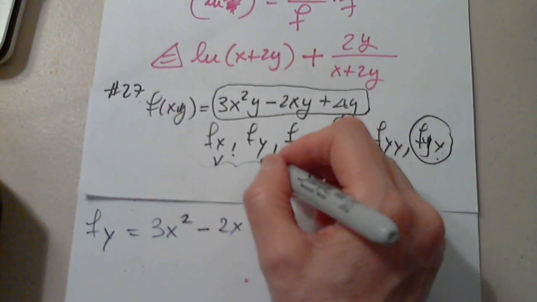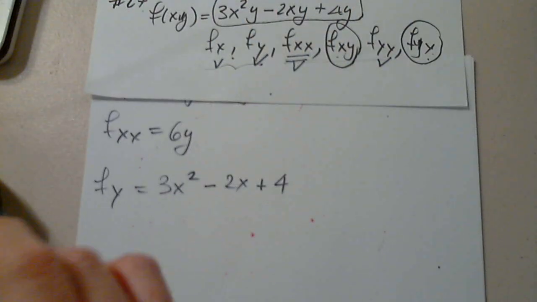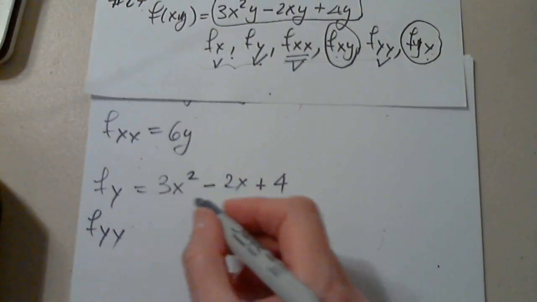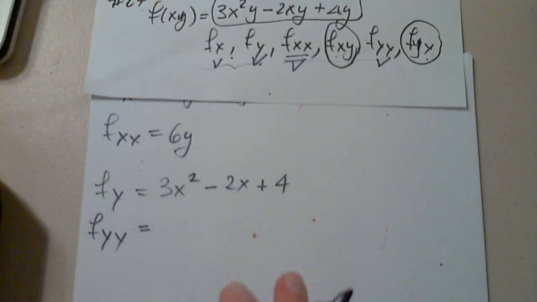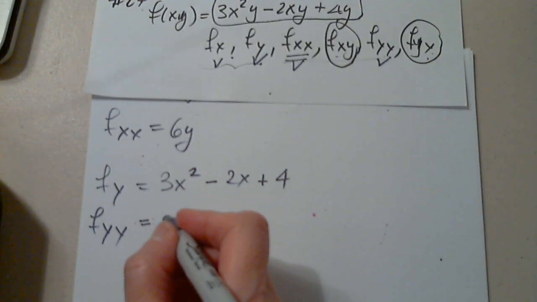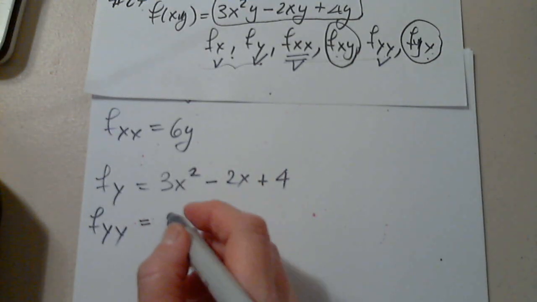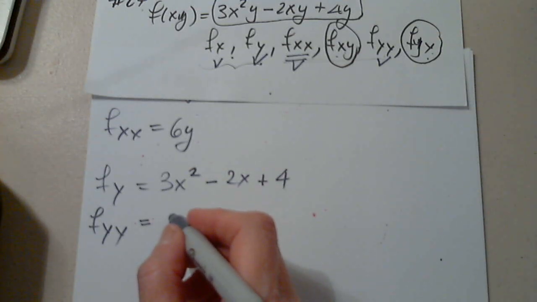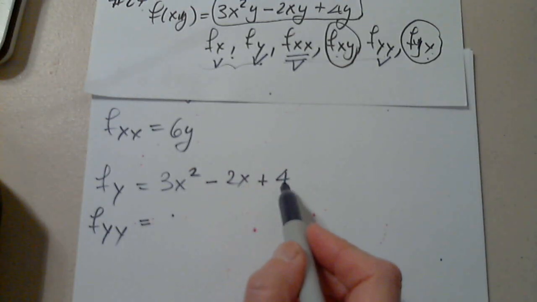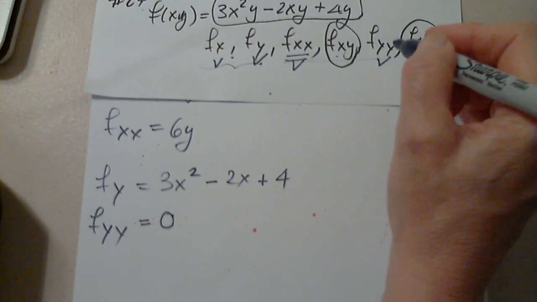That's it, awesome. So this is done. I want to jump to fyy. I want to differentiate this function with respect to y. Is there any y? No. So the answer is 3x squared minus 2x plus 4, constant, constant, constant. So 0? That's it. So this is done.